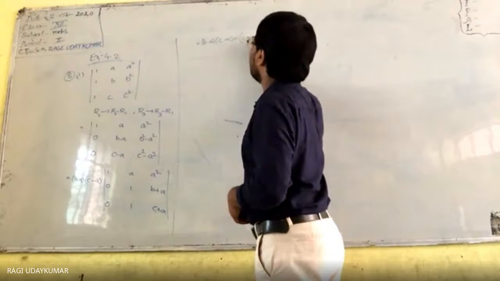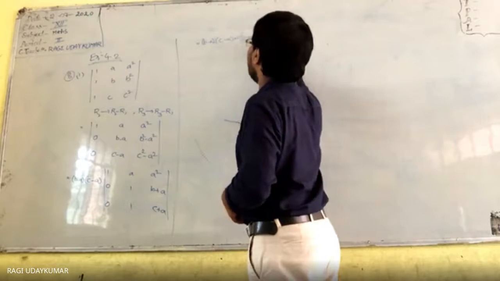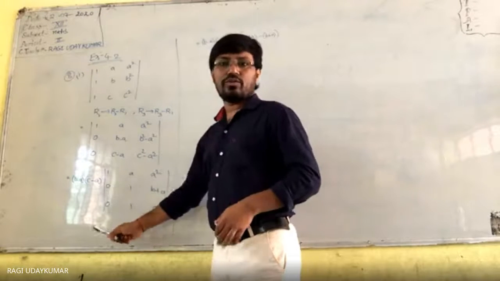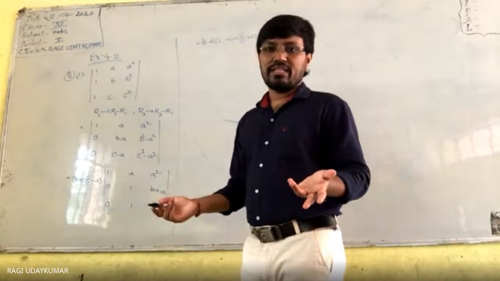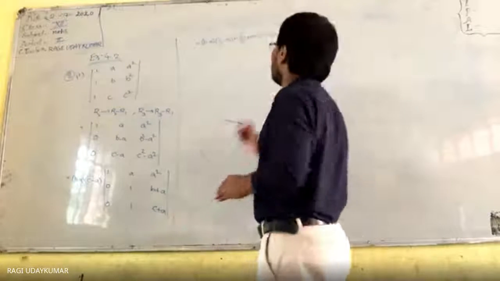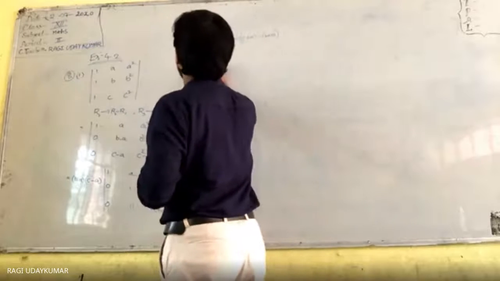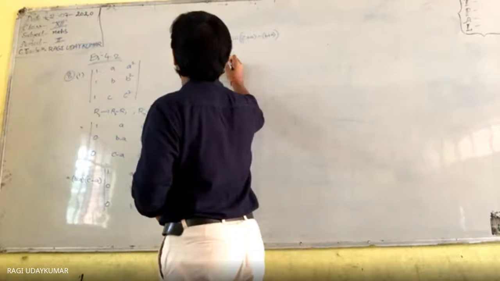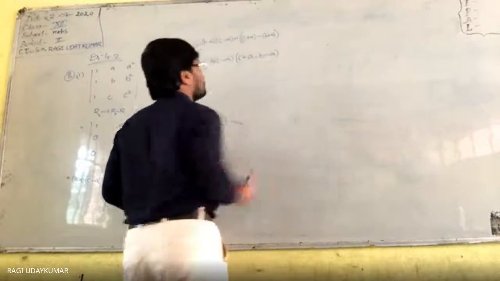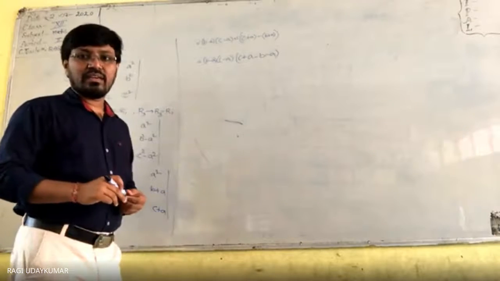That means c plus a in the brackets minus b plus a in the brackets. Next, after that, 0 into 0 into, obviously the complete result is 0. So now what do you get here, which is equal to b minus a into c minus a into c plus a minus b minus a, c plus a minus b minus a.